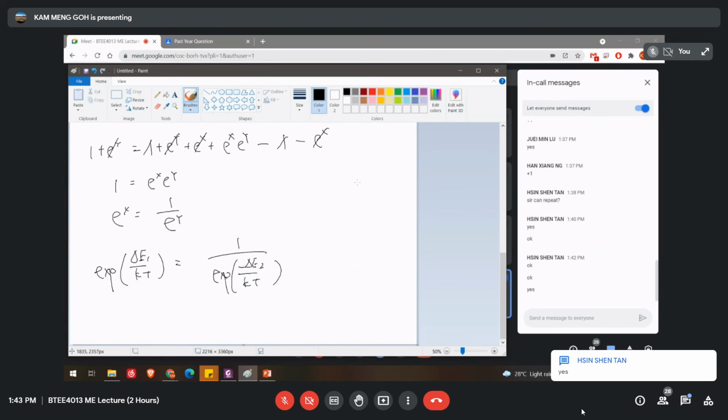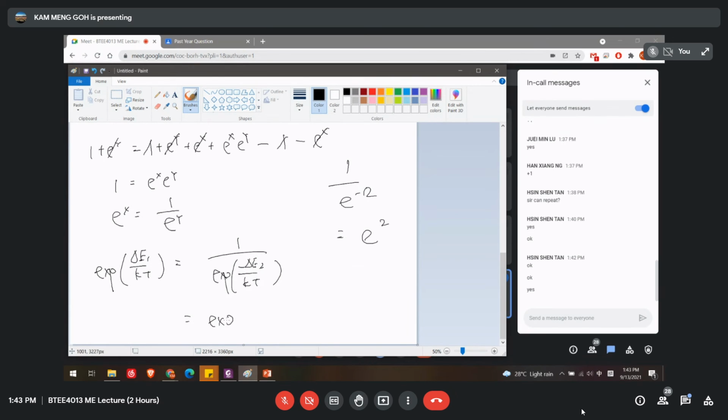Since this is a negative, 1 over E negative 1 will be equal to E to the power 2, right? Simple mathematics. You just simply need to shift it to the top. E2 over KT. So eventually E1 will be equal to E2. Okay, proof done. Transition, okay?